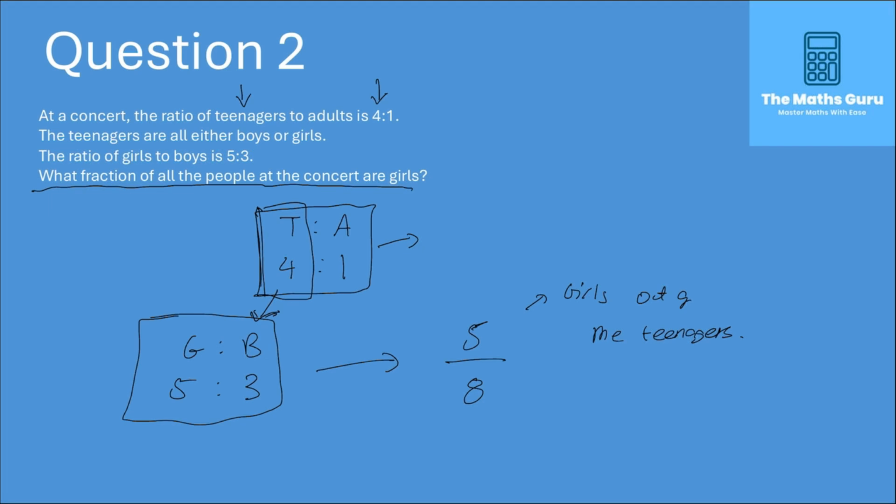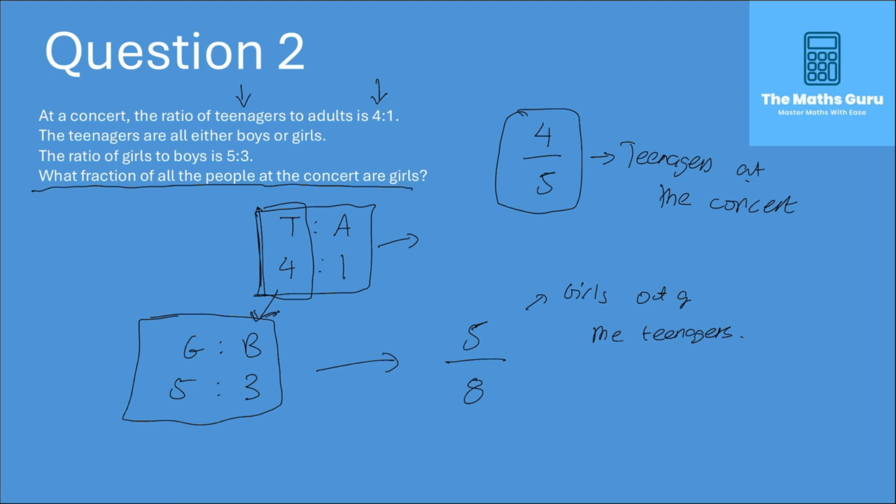So the total number of teenagers in this instance is 4 parts out of 5 parts, right? So this is the amount of teenagers at the concert. And now remember, we've just worked out that 5/8 of these teenagers are going to be girls.